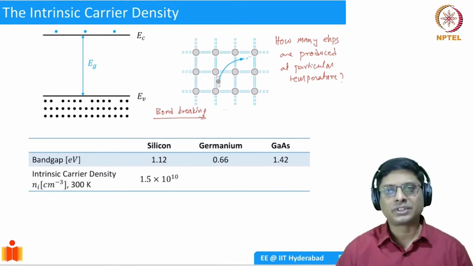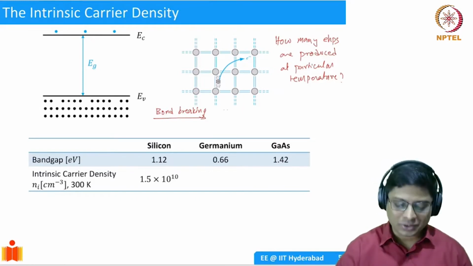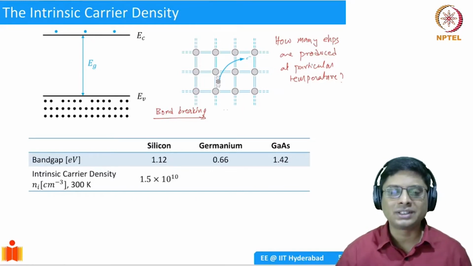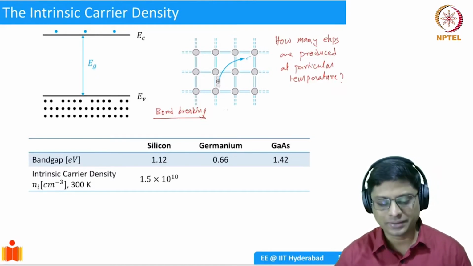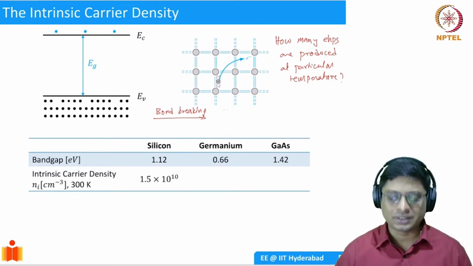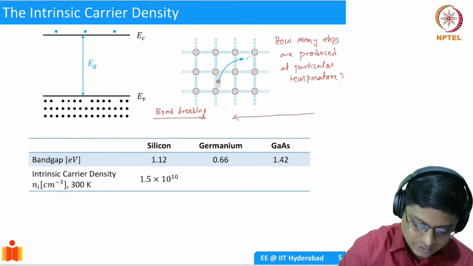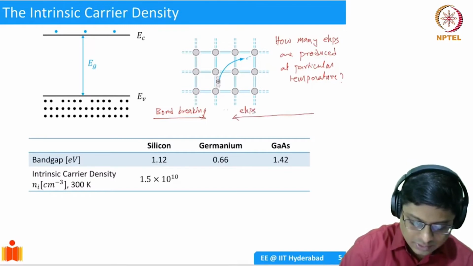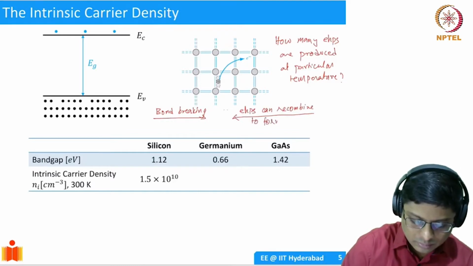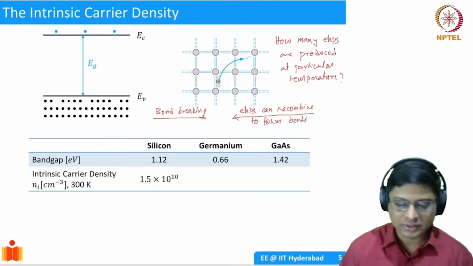The other process, the counter process, is that you have lots of these electron hole pairs in the lattice. They can recombine and form a bond again, right? So EHPs can recombine to form covalent bonds.